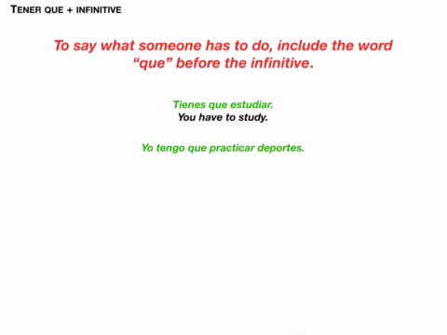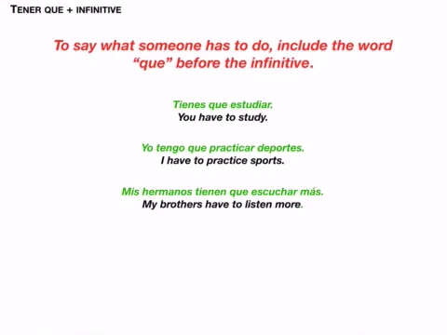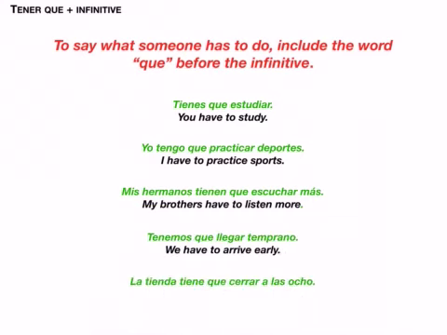Yo tengo que practicar deportes would mean I have to practice sports. Mis hermanos tienen que escuchar más. My brothers or siblings have to listen more. Tenemos que llegar temprano. We have to arrive early. La tienda tiene que cerrar a las 8. The store has to close at 8.